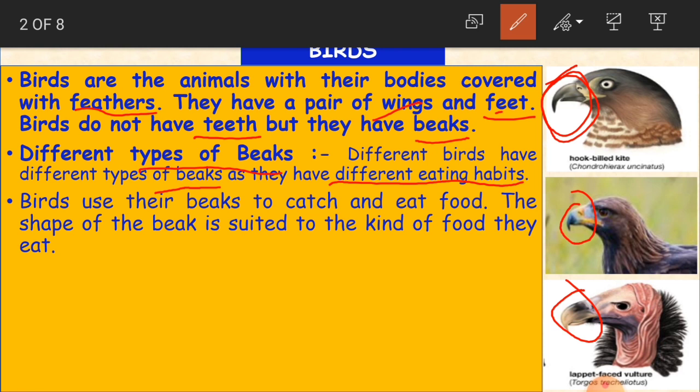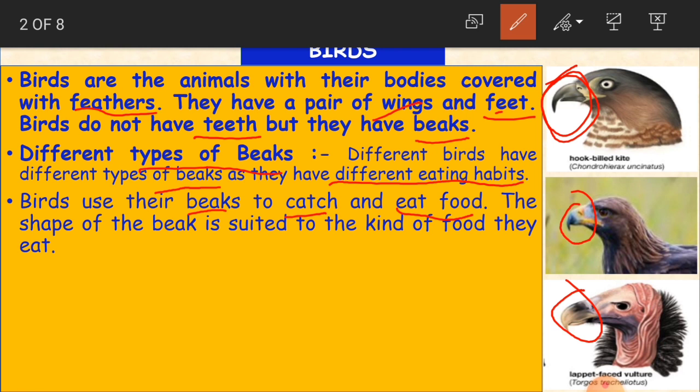Birds use their beaks to catch and eat food. Why do birds use the beak, children? To catch and eat food. It may be an insect, a fruit, a vegetable, whatever it may be, they will catch it with their beaks.